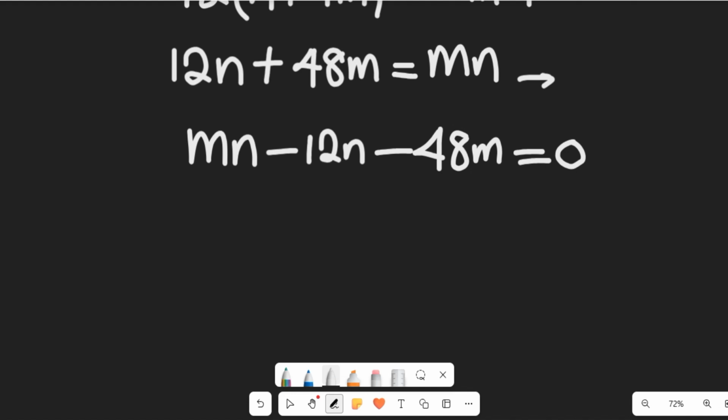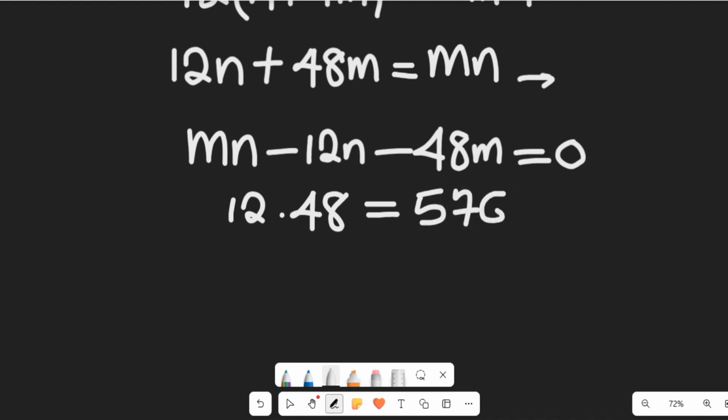From here, we need to do what we call factorization. For us to factorize, we find the value we will multiply together, multiplying these two together, 48 times 12. If we multiply 48 times 12, it gives us 576.